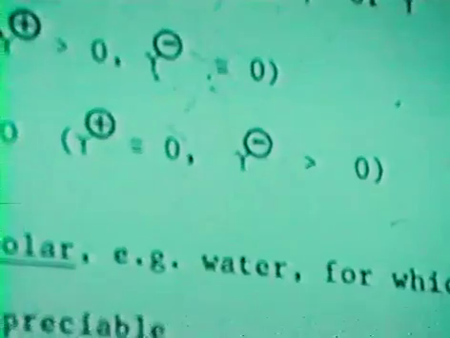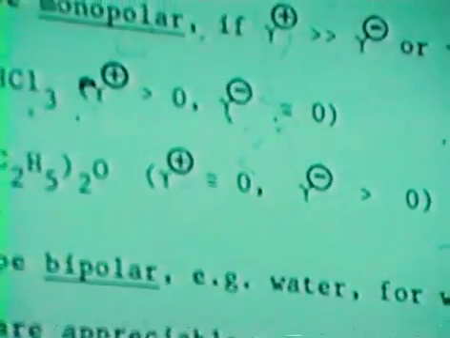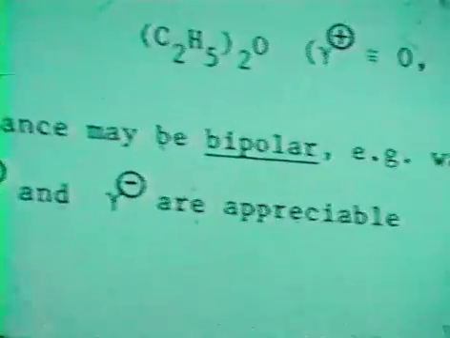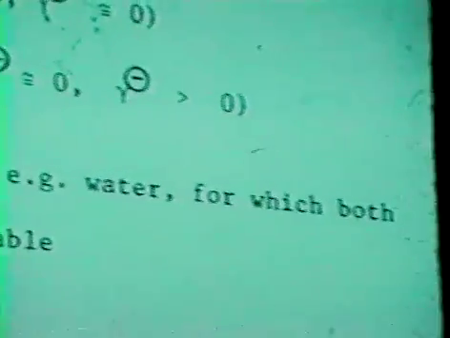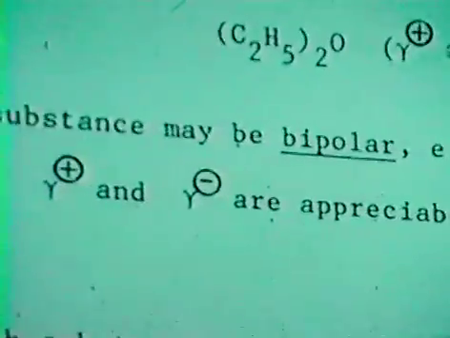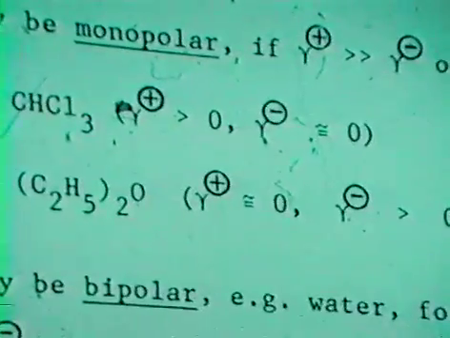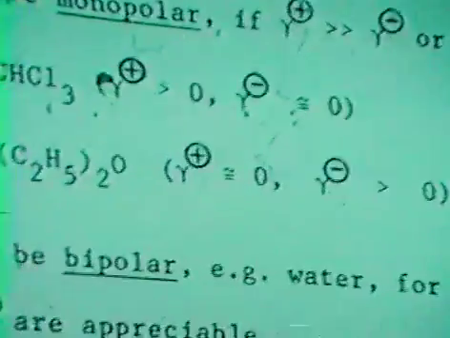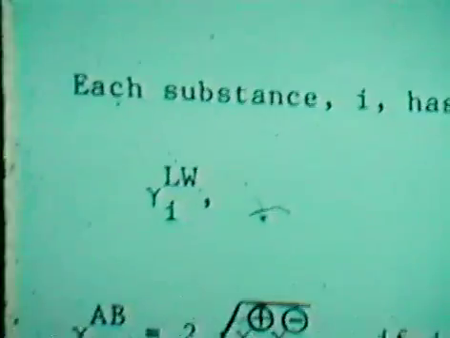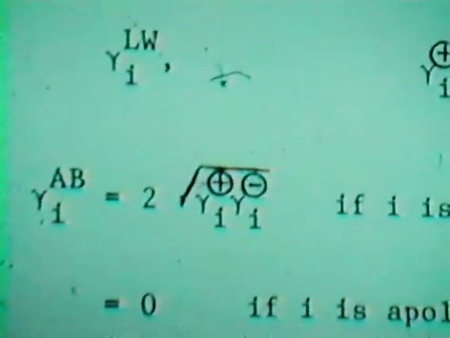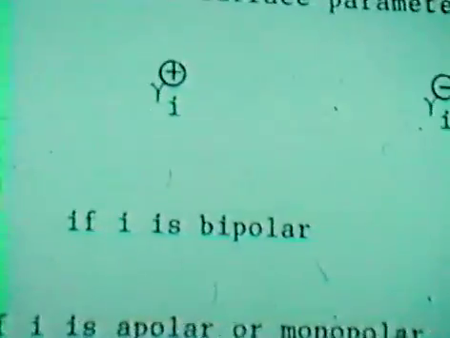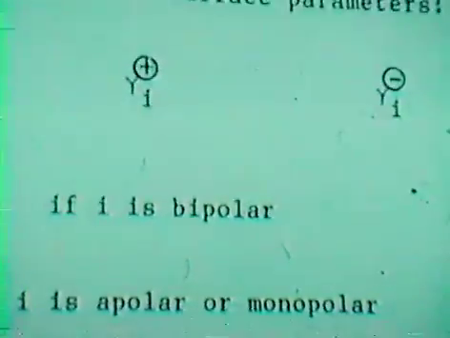A substance is bipolar if both the parameters are appreciable. And each substance has three different surface parameters. The combining rules are given as gamma AB is twice the square root of the product of the acid and base terms if the substance is bipolar, and 0 if it is apolar or monopolar.